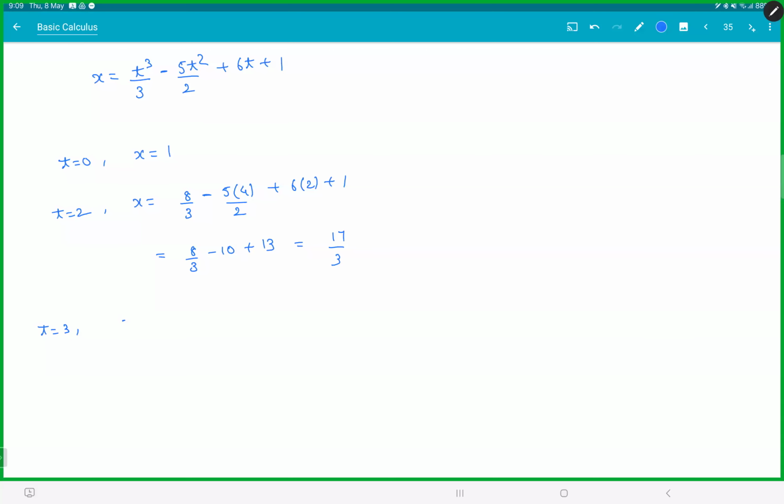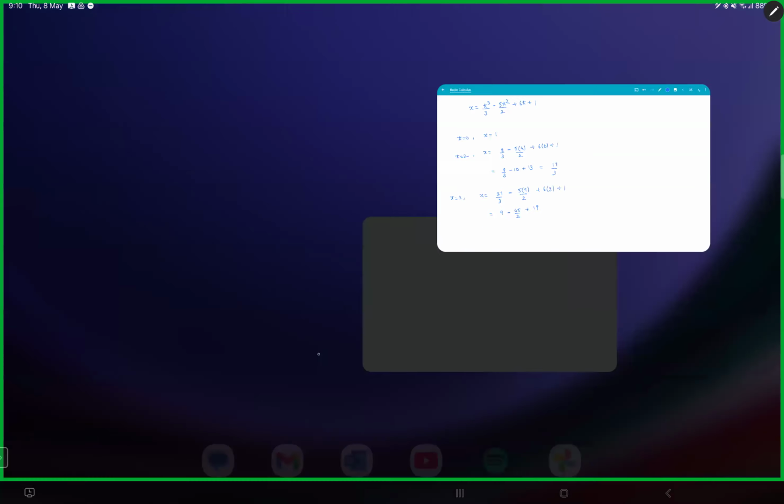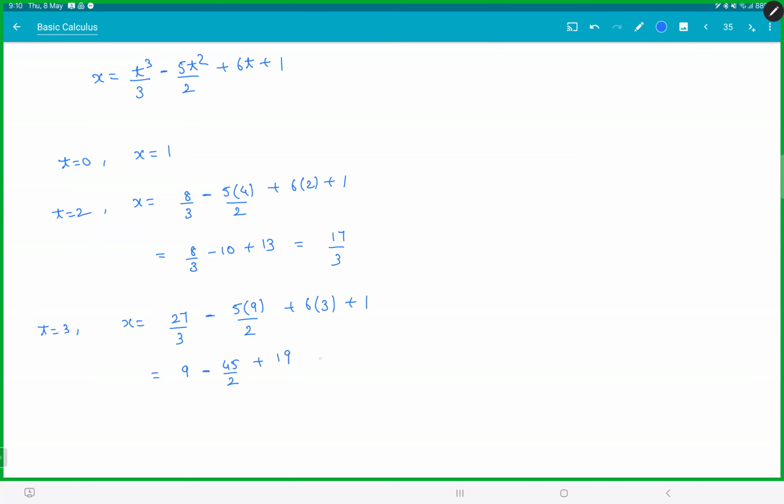At t is equal to 3, where are you? 27 by 3 minus 5 into 9 by 2 plus 6 into 3 plus 1. This is 9 minus. How much is this? t is equal to 3. 19 plus 9... 11 by 2.